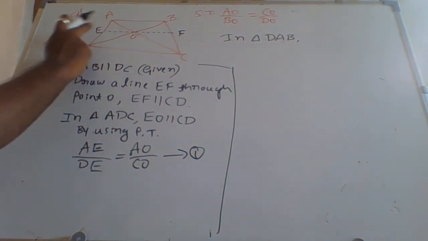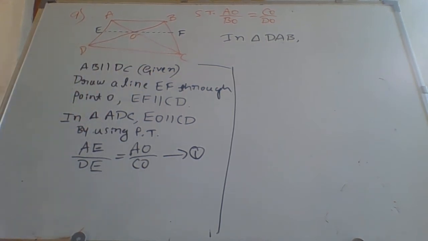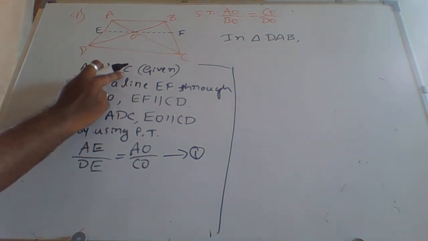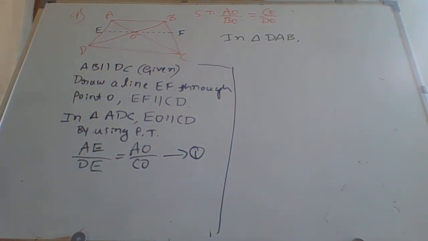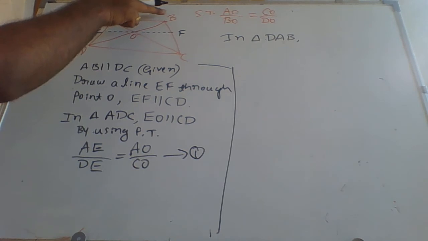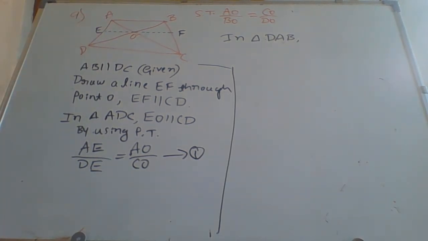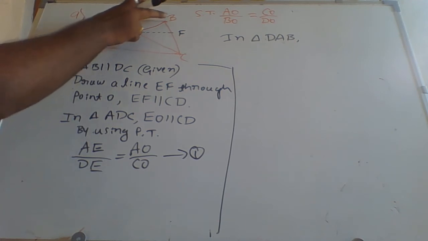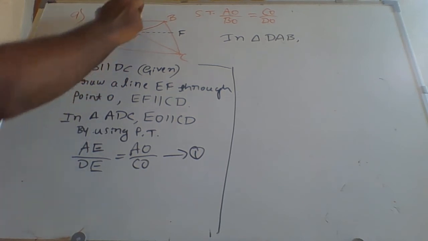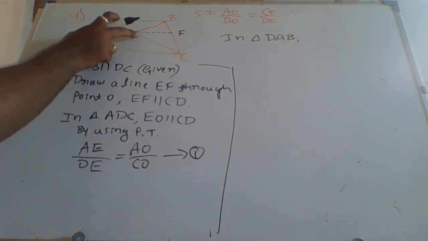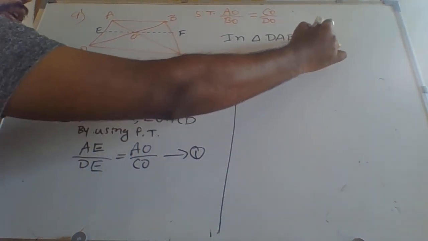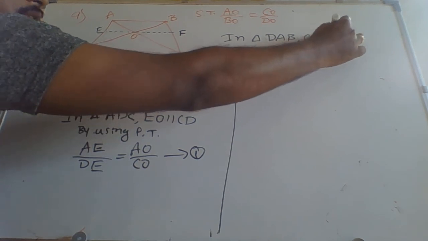Here OE is parallel to CD, and first they have given that CD is parallel to AB. Then we can write that OE is also parallel to AB, because these two are parallel and CD is parallel to AB. Therefore, OE is parallel to AB.